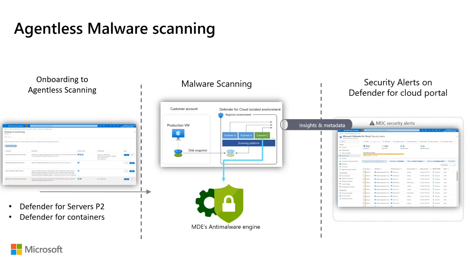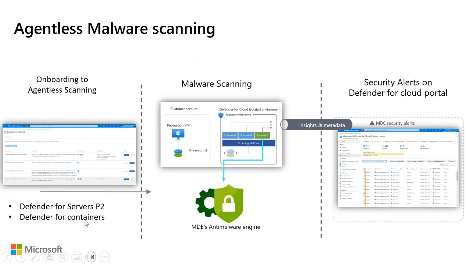Agentless malware scanning uses the Microsoft Defender antivirus anti-malware engine to scan and detect malicious files, and it will throw an alert. Malware detection for AKS nodes is available only with workload plans, that is the Defender for Containers plan or the Defender for Servers P2 plan.